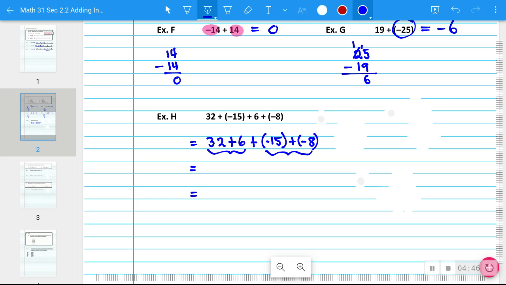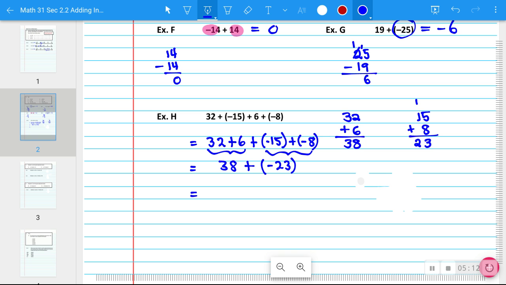So for instance, 32 and 6 add up to 38. And then when you add negative 15 and negative 8, you're going to be adding because the signs are the same. You get 23, but negative and negative add up to negative.